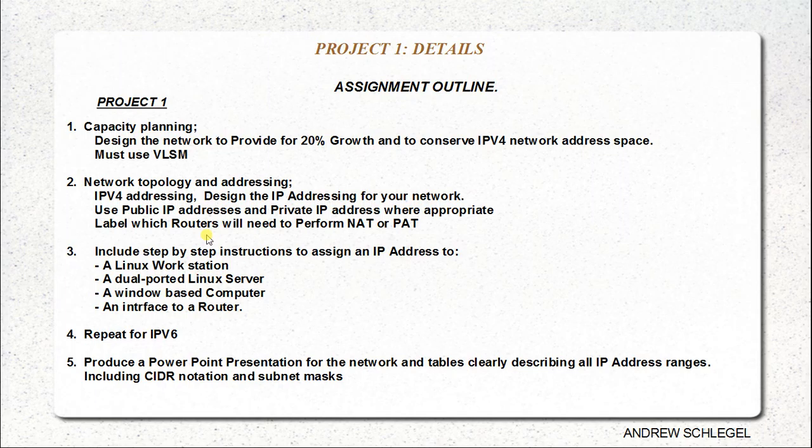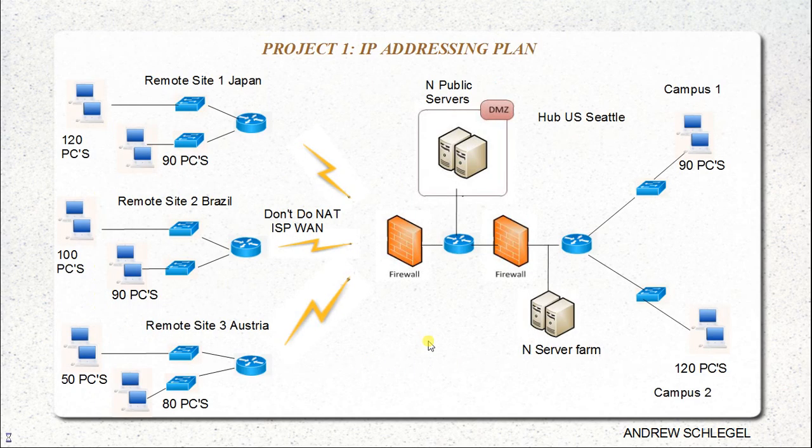Then you're going to include step-by-step instructions to assign an IP address to a Linux workstation, a dual-ported Linux server, a Windows-based computer, and an interface to a router. And then you're going to repeat all steps 1, 2, and 3 for IPv6, and then produce a PowerPoint presentation for the network and tables clearly describing all the IP address ranges, including CIDR notation and subnet masks.